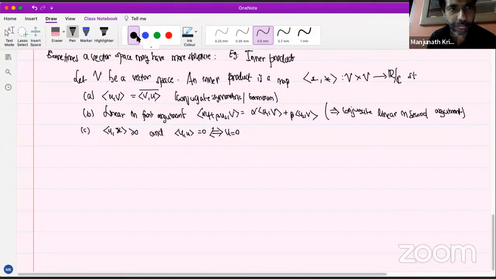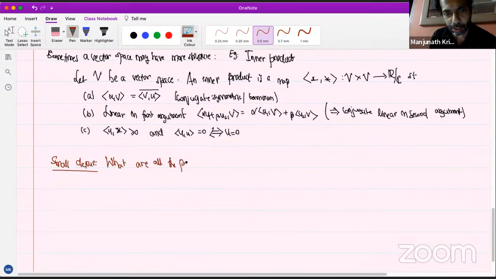So since we didn't do anything of real content, let me just take a nice fun detour here. What are all the possible inner products on R2?